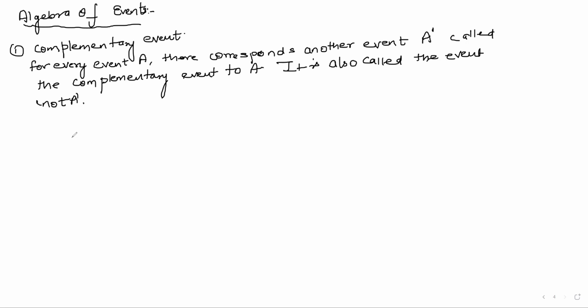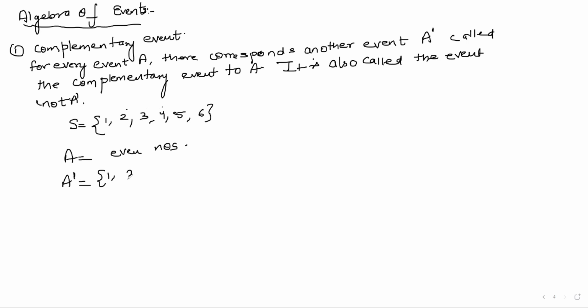Not A. For example, if we throw a die and we get the numbers 1, 2, 3, 4, 5, 6, and A means even numbers, then what is A complement? Not even. If 2, 4, 6 are in A, then A complement will give us 1, 3, and 5. So complementary means not.